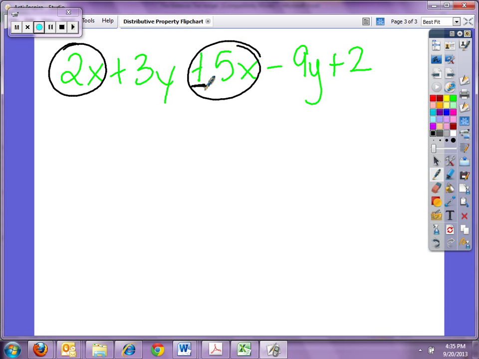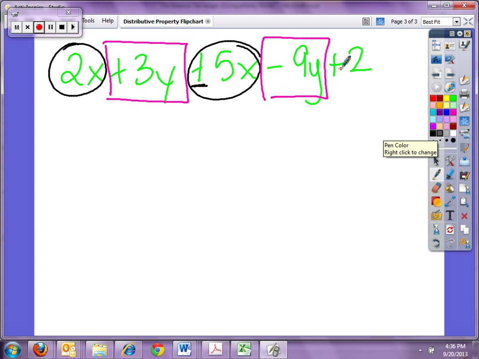Again, I always make sure that I use the sign that is in front of the number, and that gives me the positive or negative. Then I'm going to do my y's. Positive 3y minus 9y, and then I've got my plus 2.